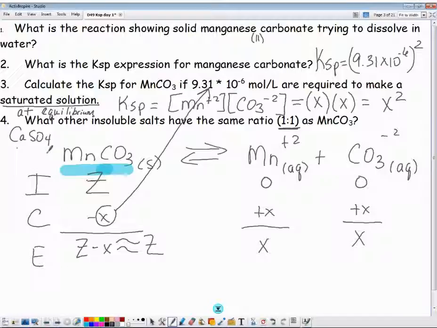Silver chloride, good. Okay, one more, Matt. Oh, but that one's not 1 to 1. That one's 1 to 2. I want a 1 to 1.